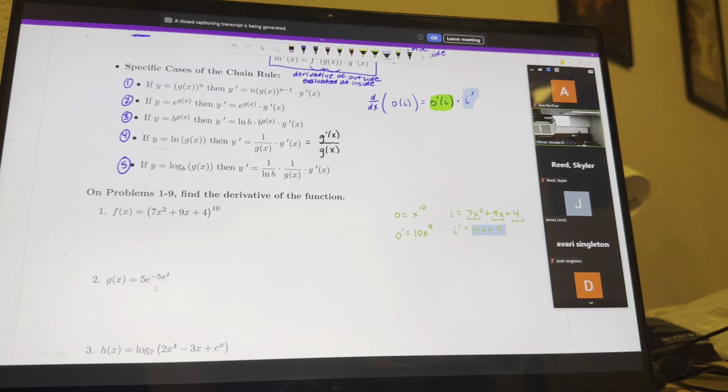But we need O prime of I. O prime of I just means that we need to plug in my function I for every occurrence of x. I'm evaluating my derivative function at 7x squared plus 9x plus 4. And so I'm just replacing every occurrence of x with my I. So that would be 10 times 7x squared plus 9x plus 4 raised to the 9th power.